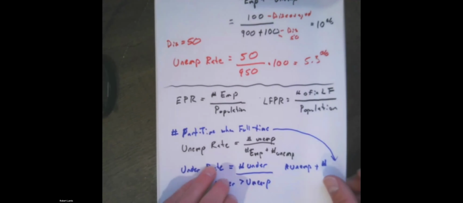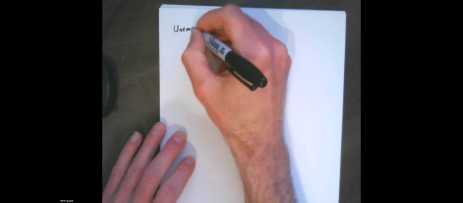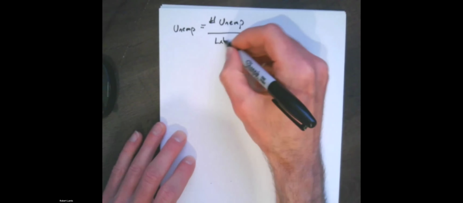Let's think about another example we could see with unemployment that might come up. So if I've got those same equations, my unemployment rate was the number of unemployed divided by my labor force.